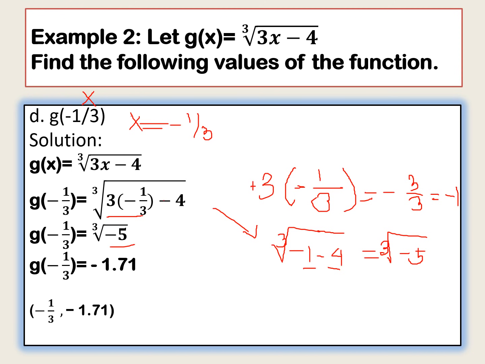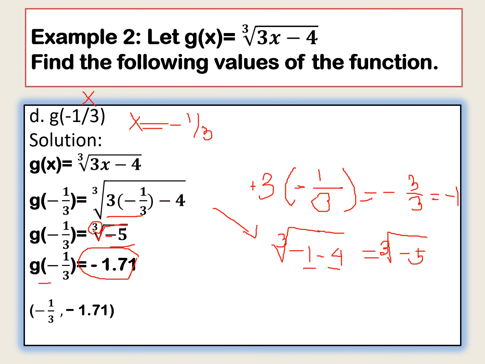Next, nasabi ko kanina that if our index is odd, even if we have here negative value inside ng mismong symbol na to, we can still look for its value. So, g of negative 1/3 is equal to cube root of negative 5. Use your calculator. Ang makukuha natin is ito. Okay?